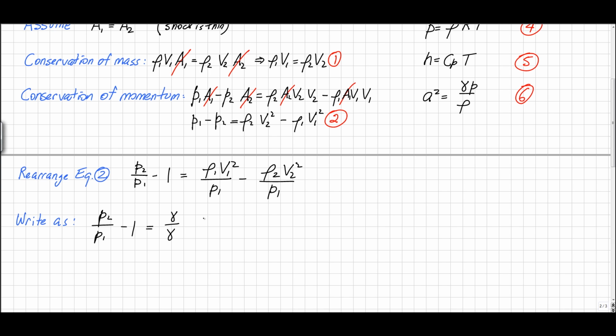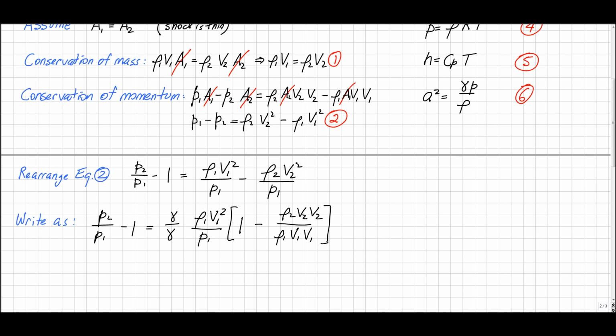Then I'm going to take a rho 1 V1 squared outside of what's left, rho 1 V1 squared over P1, and that leaves us with rho 2 V2 squared over rho 1, actually I'm going to write this as V1 V1, and the top as V2 times V2. Okay, so we've got that.